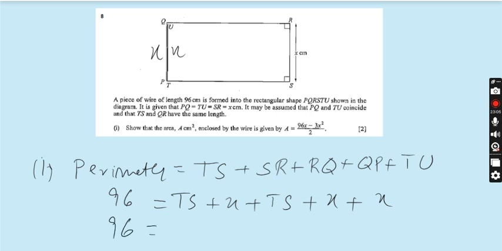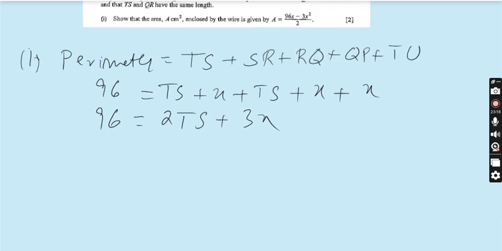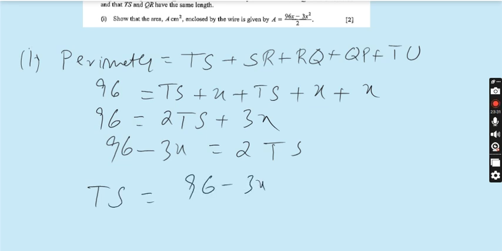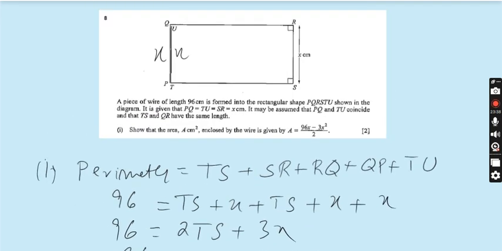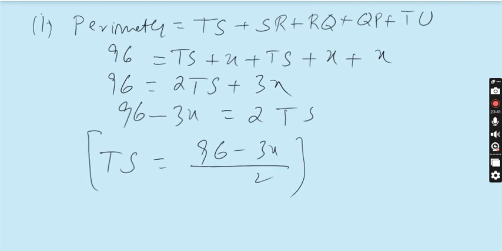So 96 equals 2TS plus 3x. So 96 minus 3x is equal to 2TS, and TS is equal to 96 minus 3x upon 2. And you can see in the diagram, because this is a rectangle, TS and QR are both the same.